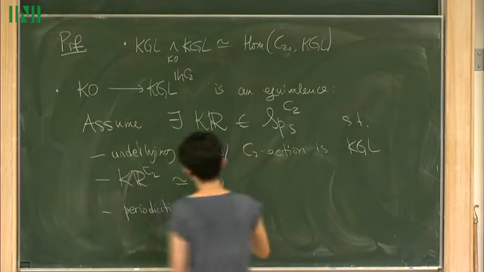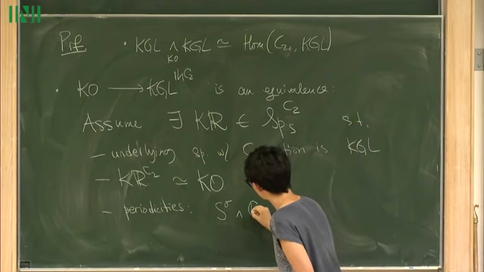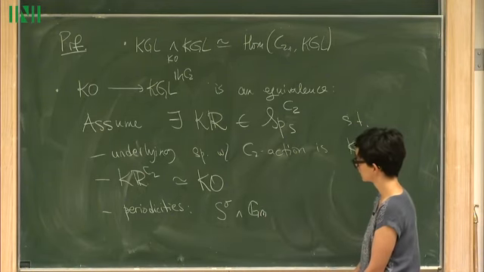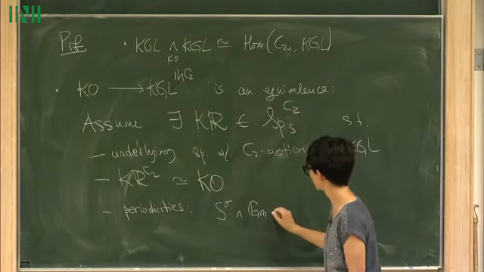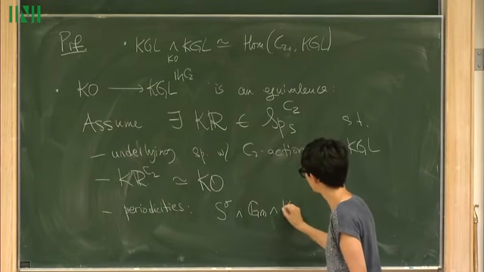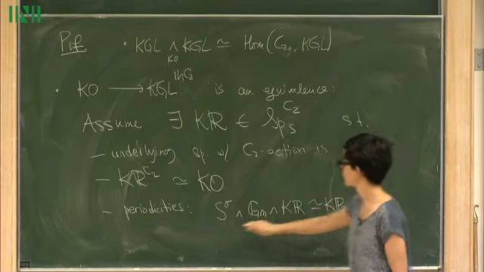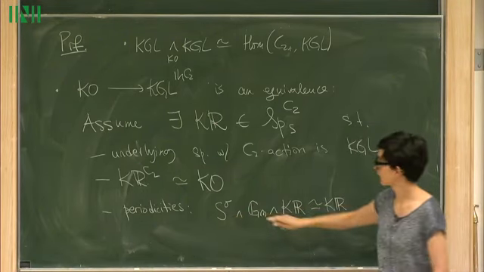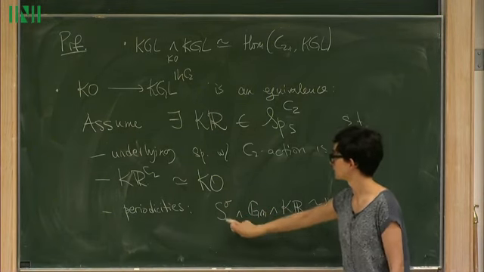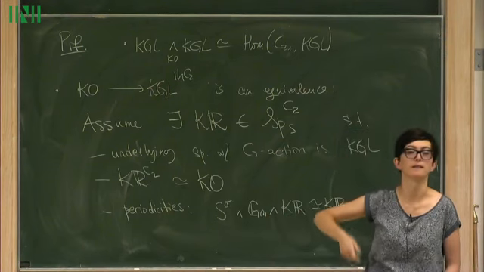So we want this to be S sigma smash GM periodic. And so what is this? The S sigma is, I guess, the simplicial circle with the sign action.